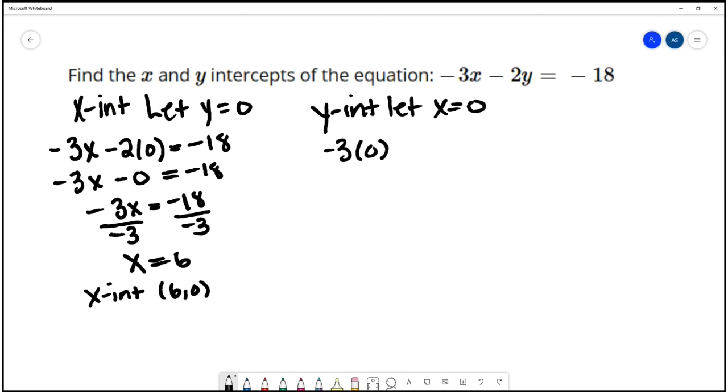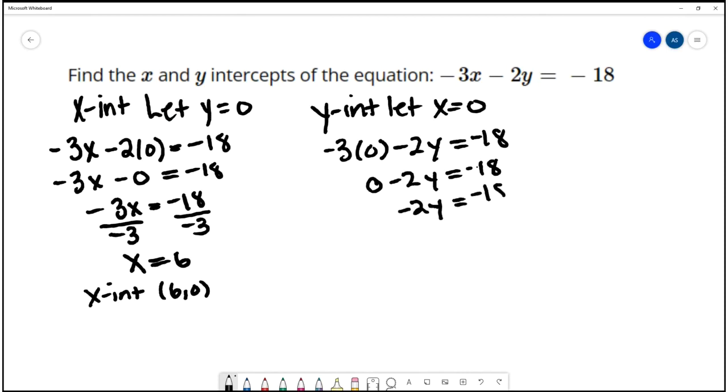That's negative 3 times 0 minus 2y equals negative 18. 0 minus 2y equals negative 18. 0 minus 2y is negative 2y. We'll divide both sides by negative 2 to get y equals 9. So this equation has a y-intercept of (0, 9).